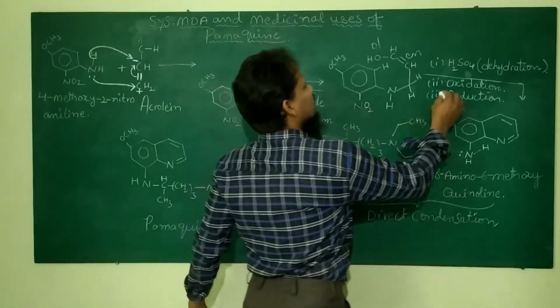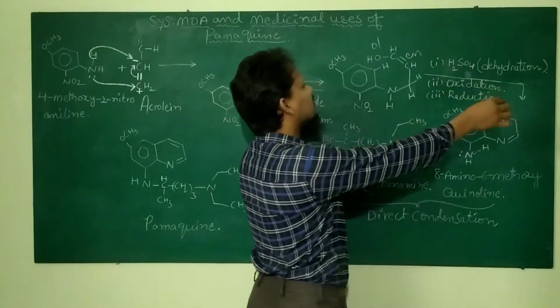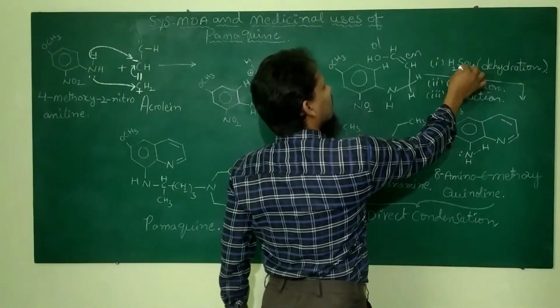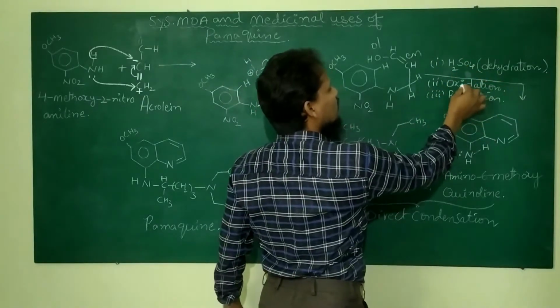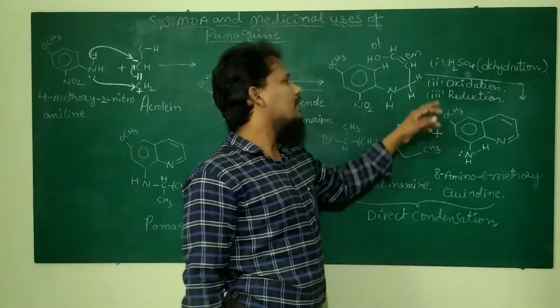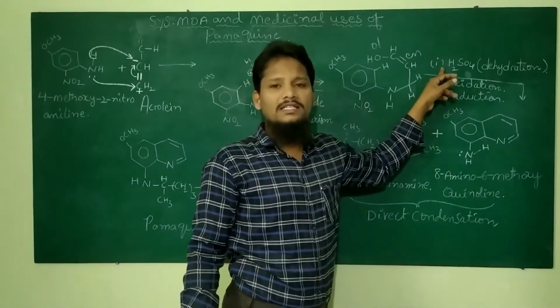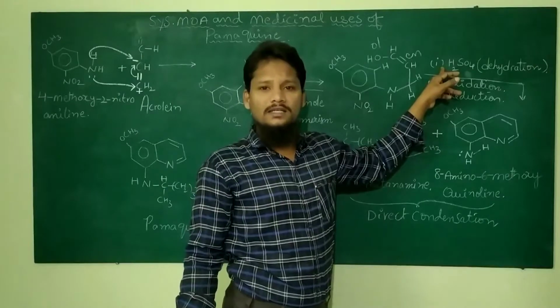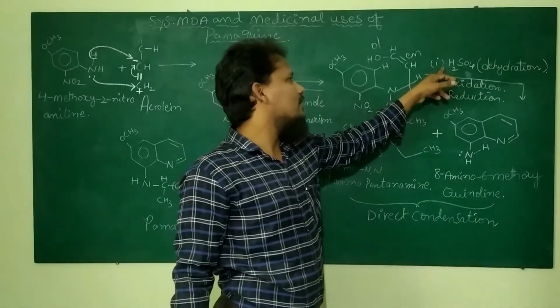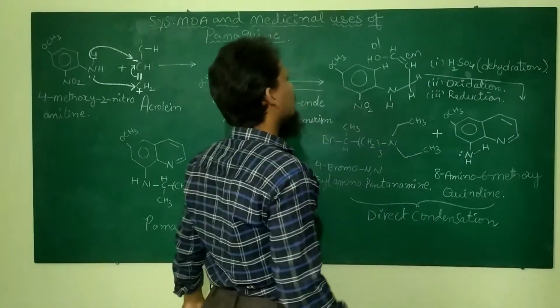Now the subsequent step-by-step reaction with sulfuric acid means nothing but dehydration, oxidation and reduction. Dehydration: we all know that sulfuric acid is a strong dehydrating agent. That sulfuric acid eliminates the water molecule. How?